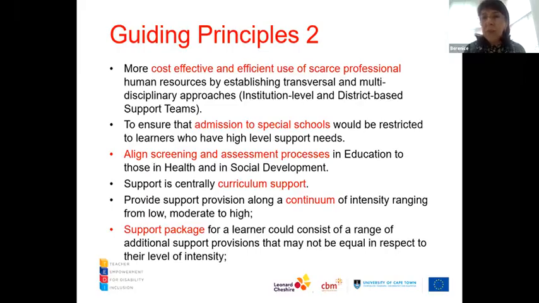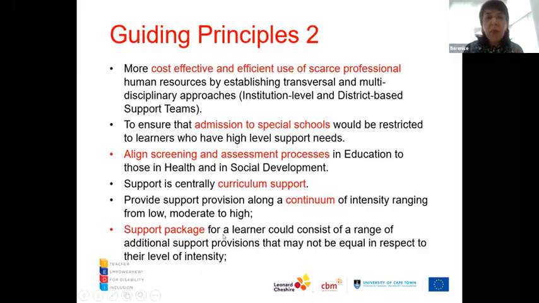Moderate support is mostly in what we call full service or inclusive schools. We give them a full-time learning support remedial teacher. We give them an inclusion facilitator or a classroom assistant. And we also have outreach teams from our special schools visiting those learners. So that is just in practical terms how we've arranged for low, moderate to high.